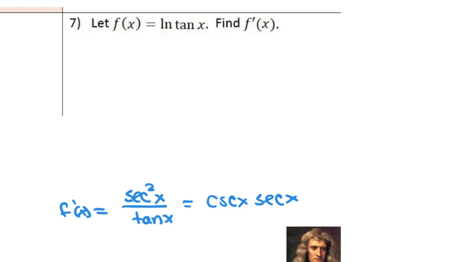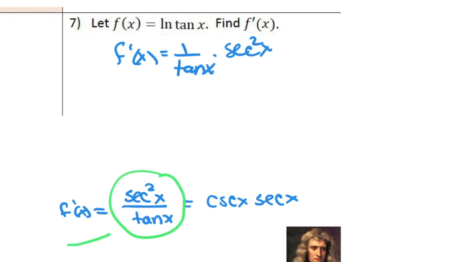You used f prime of x is 1 over the argument multiplied by the derivative of the argument. Now this answer looks like a fine answer, but you have a tangent in the denominator. Tangent should never be in your denominator. It can be rewritten as a cotangent over 1, and then you can simplify the problem a little bit more.